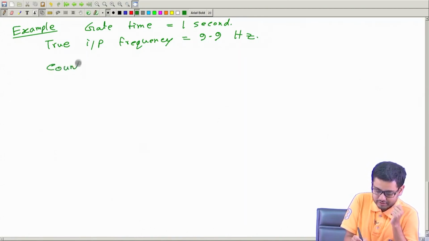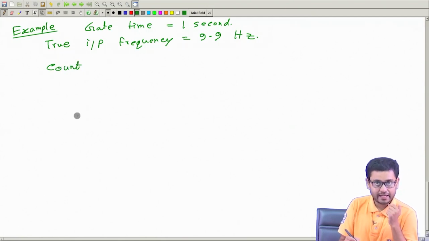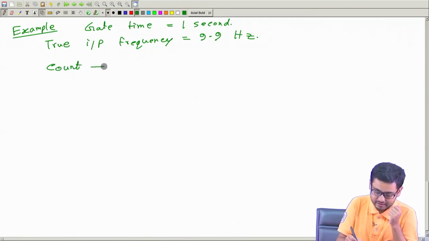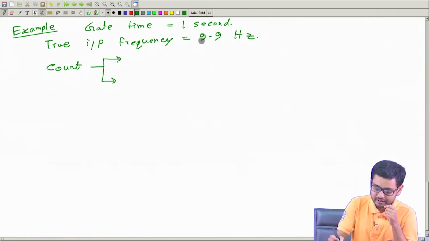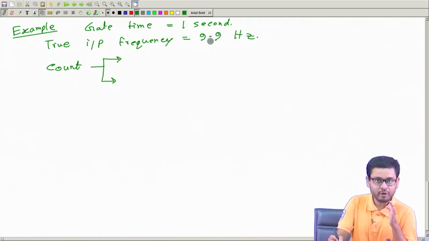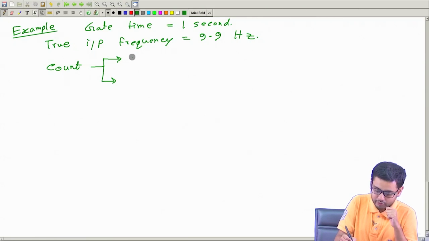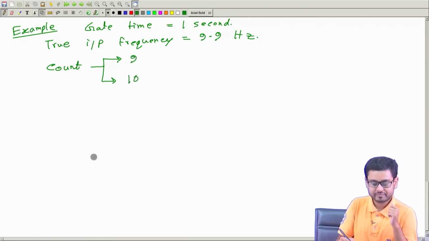The count can actually have 2 possible values. Okay. So, within 1 second it should have 9.9 cycles, but 9.9 cycles cannot be counted. We will count either 9 falling edges or 10 falling edges, depending on where the input starts. Okay. So, the count can be either 9 or it can be 10.